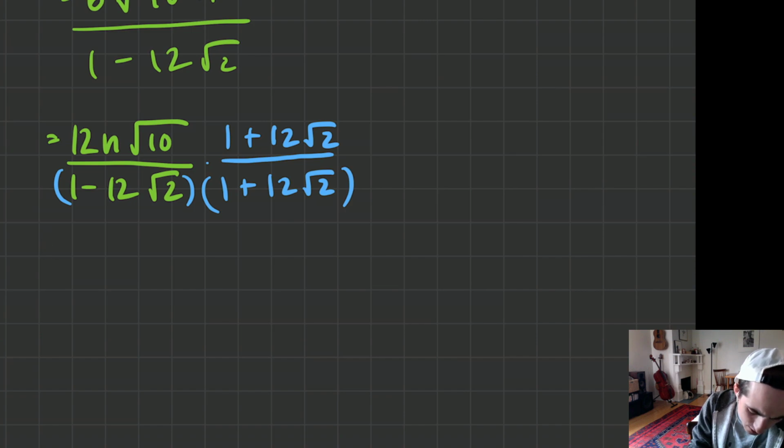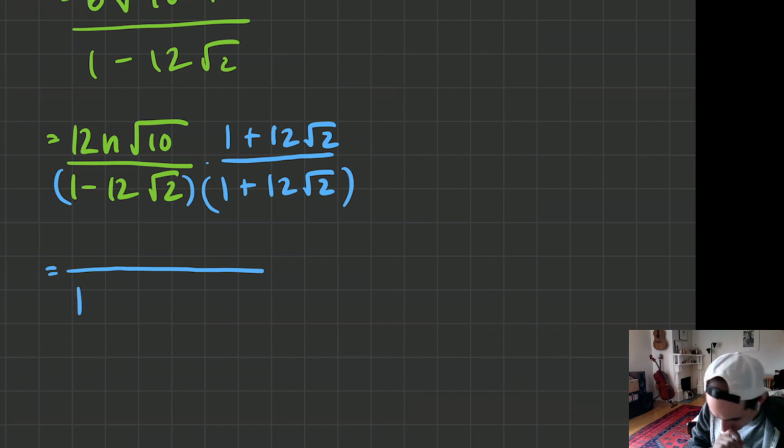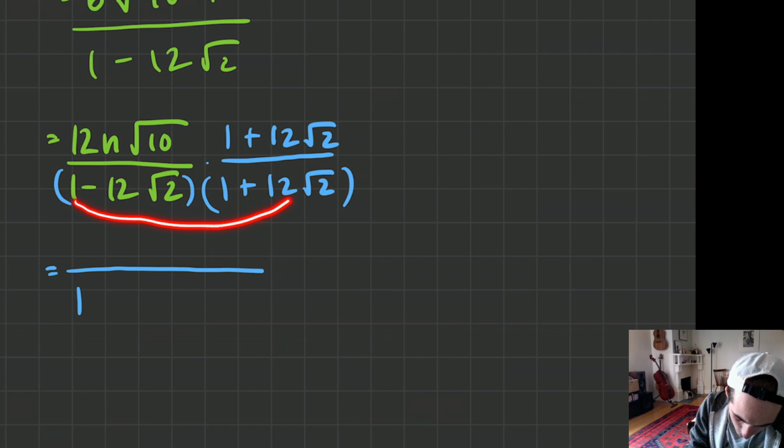Actually, let's do the denominator first. So here's my fraction sign. We've got 1 times 1 is 1. If I really wanted to go through it, I could write 1 times that and then 12 times that, but those are going to cancel each other out. That's the whole point of multiplying by the conjugate.